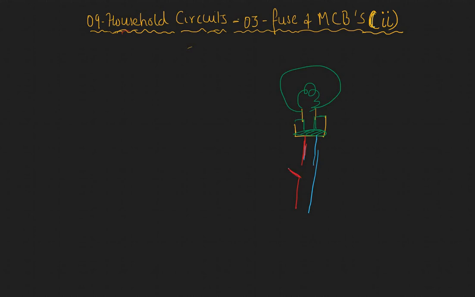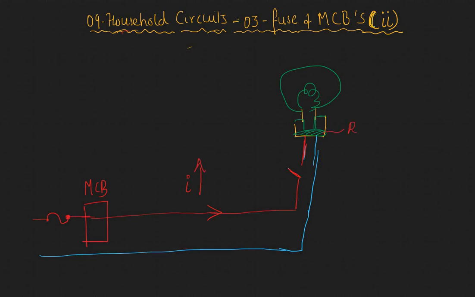When they switch on the switch, of course, these lines are coming from your main control, and in the olden days there would be either a fuse or an MCB, right? So let me finish this circuit. When they unknowingly switch on this circuit, you're drawing a lot of current, right? Because the I is very, very high, because this resistance is very, very low.